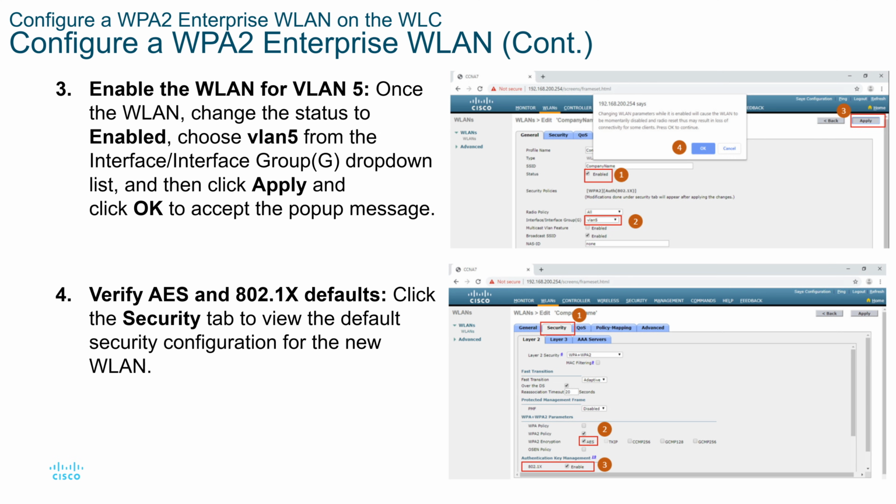On this page, we're going to enable the WLAN for VLAN 5. So once the WLAN has been created, change the status to enabled. We're going to change the status right here to enabled. So the one that we have just applied, we're going to enable it, and then choose VLAN 5 from the interface groups drop-down, because we already created VLAN 5 in the previous steps.